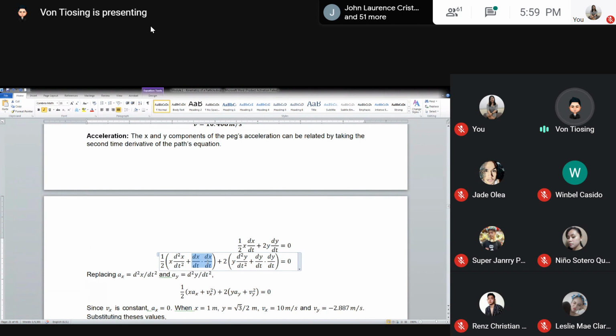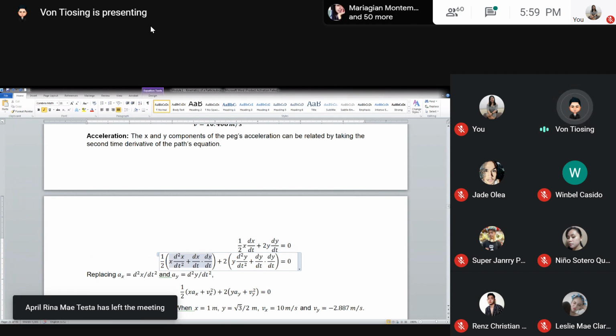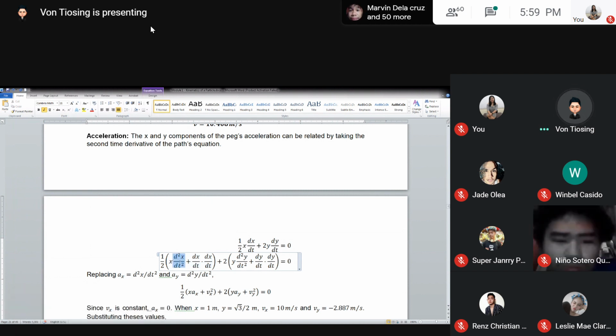Ito, dahil dalawa naman to, you can square this one. And again, babalik lang tayo roon sa concept kanina. Di ba, pinalitan ko yung Vx ng dx over dt. Balik ka lang ulit doon sa concept kanina. Kaya pagdating dito, this one is the x component of the acceleration and this one is the y component of the acceleration.